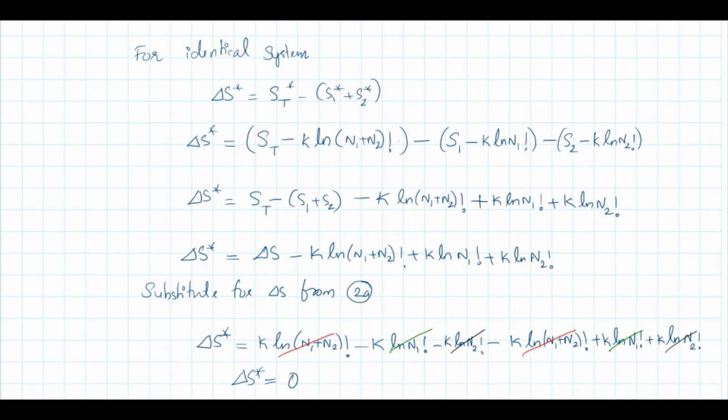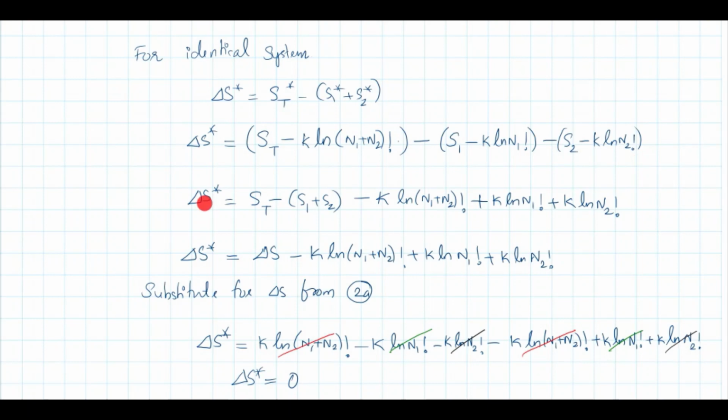Delta S star equal to this St star; I can write it as St minus k log (n1 plus n2) factorial, because for the combined system the number of particles is n1 plus n2. So the diminishing factor k log n factorial becomes k log (n1 plus n2) factorial. S1 star becomes S1 minus k log n1 factorial. S2 star becomes S2 minus k log n2 factorial.